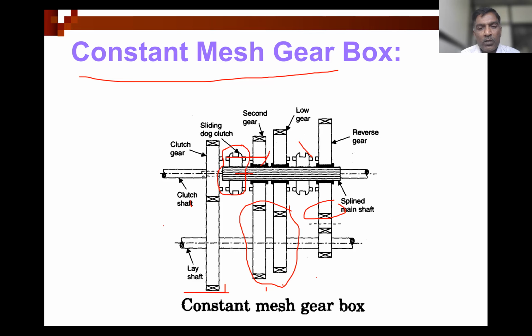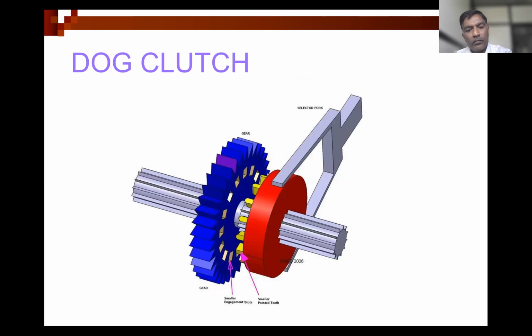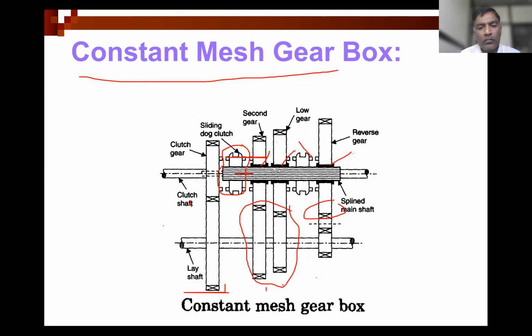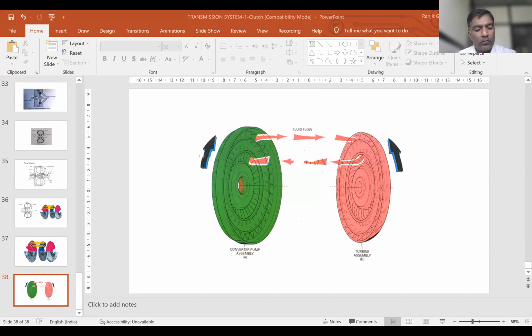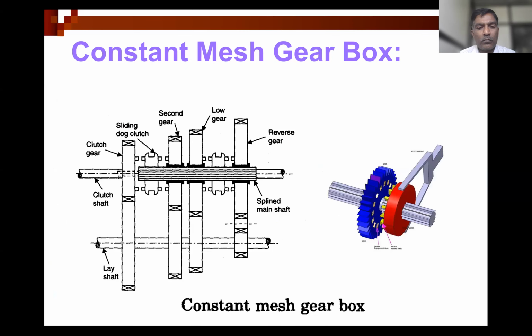The black portions are the bearings. So you can see this one is the sliding dog clutch.